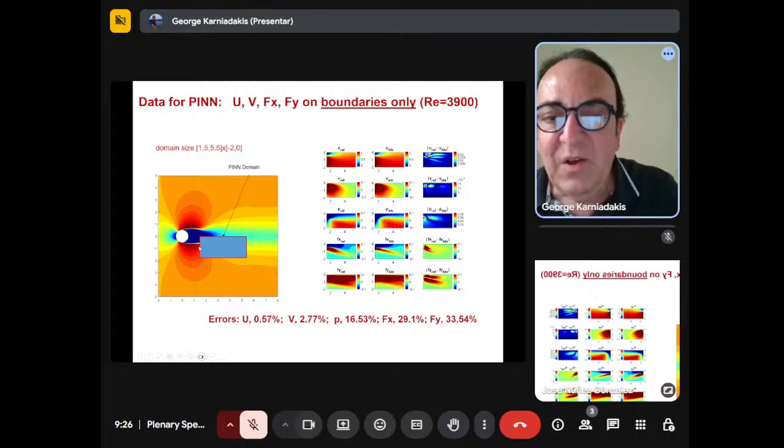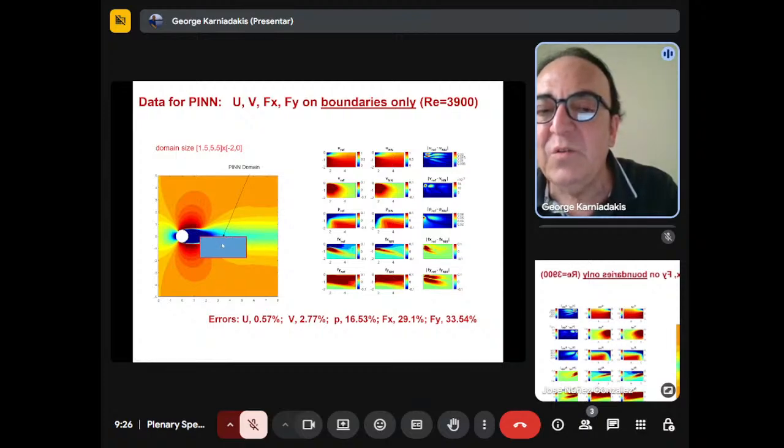So you can see on this red line of this box, I don't have any information inside. However, using PINNs with the equations that I showed you, the RANS equations without the closure model, we can actually obtain Fx and Fy, and we have reference data from DNS, and we get errors which are 5 times smaller than the state of the art.